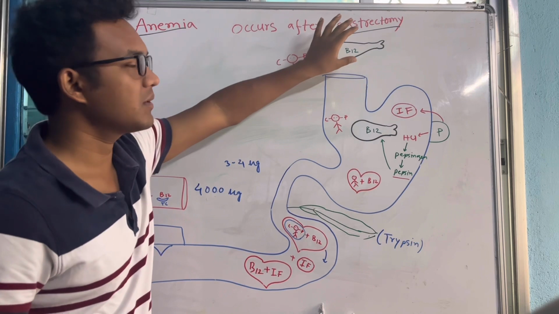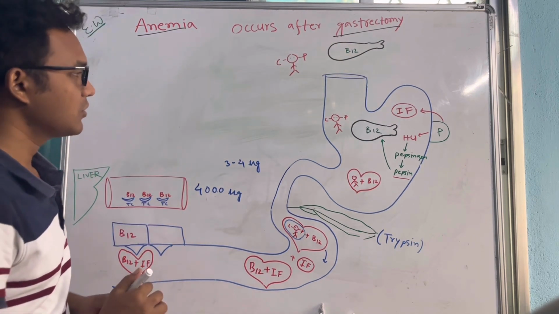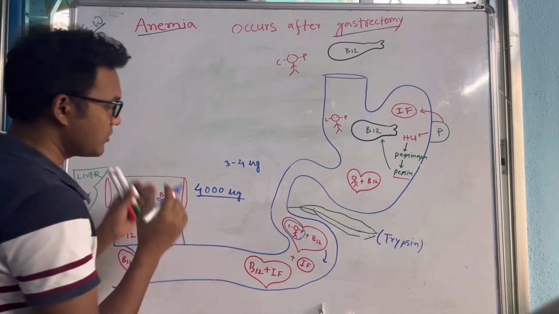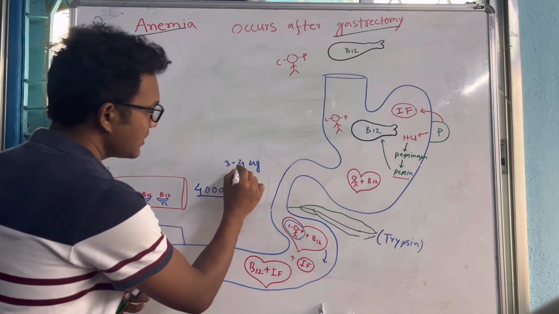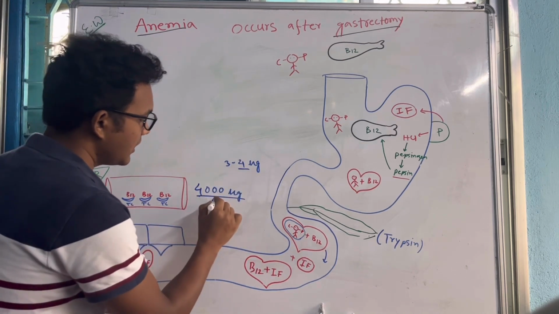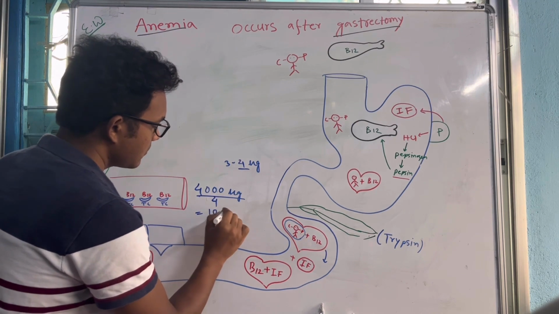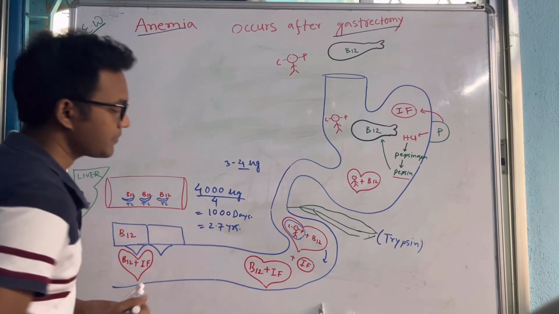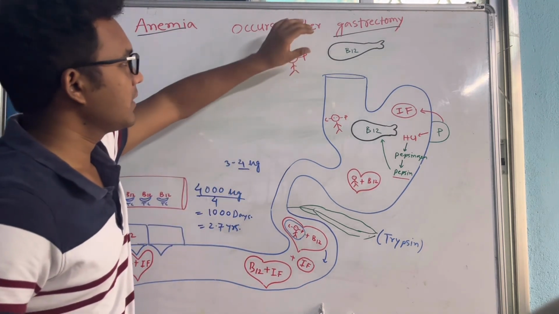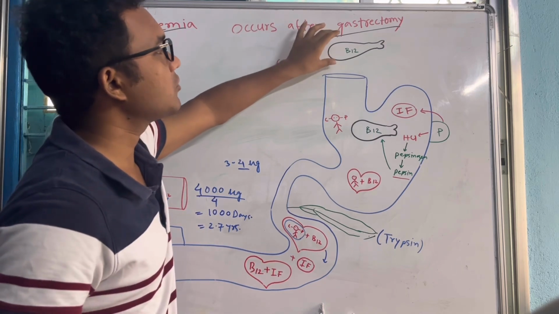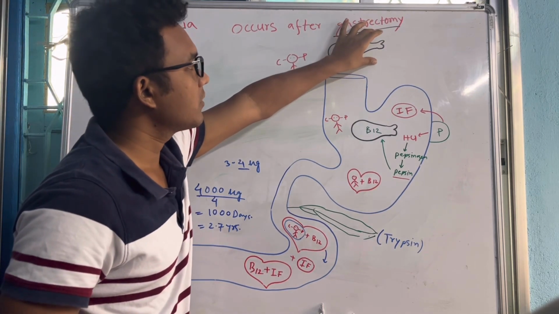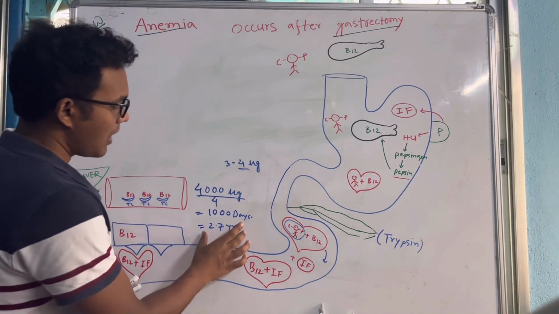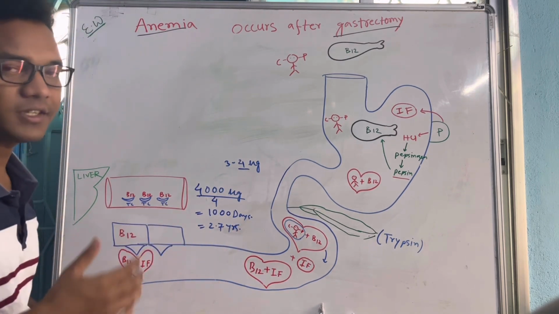If he suddenly stops intake of vitamin B12, this 4000 microgram will be finished in about 1000 days, or generally 2.7 years. So all the stored vitamin in his body will be finished after 2 to 3 years.